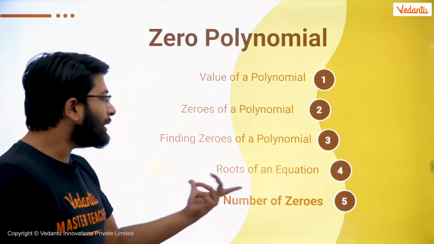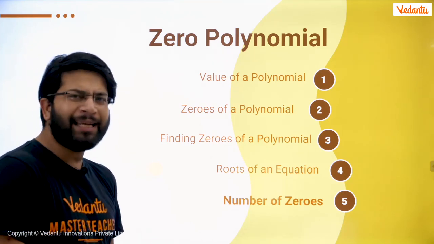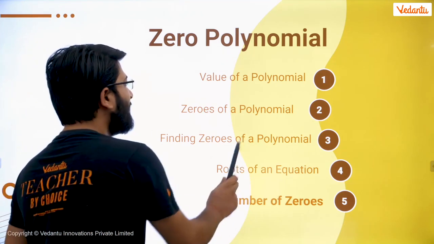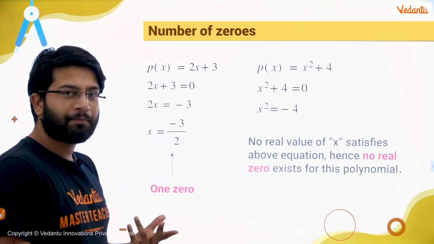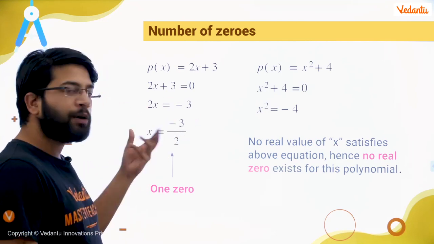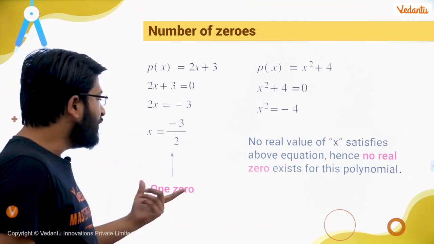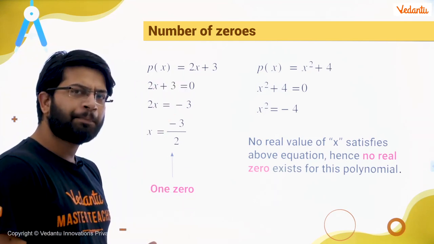Now let's see how to find the number of zeros of any given polynomial. Let's say I have the linear polynomial 2x plus 3. We know how to find its zeros, so we will get x equal to minus 3 by 2. That means we are getting only one zero in the case of a linear polynomial.